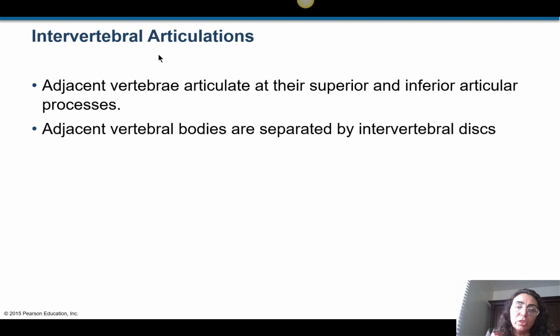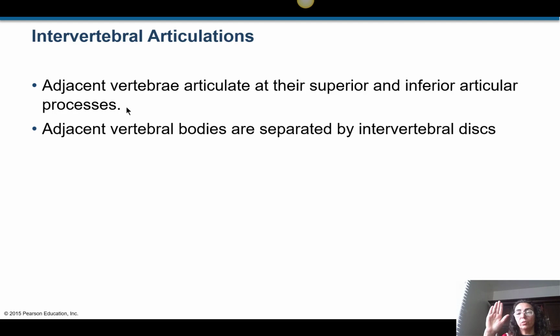So adjacent vertebrae articulate at their superior and inferior articular processes. So that's one point of articulation. On each vertebra you remember we have one superior articular process, one inferior articular process.